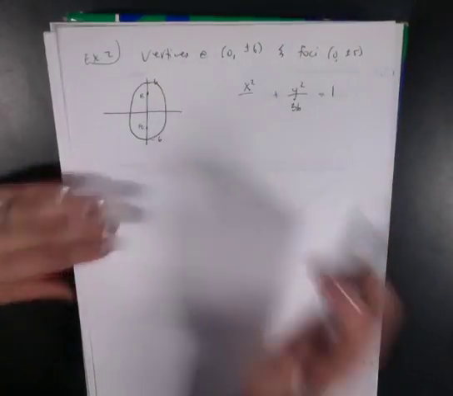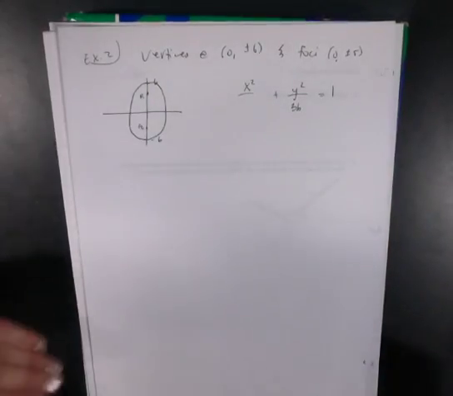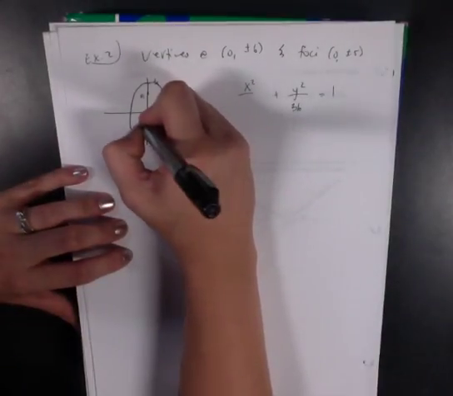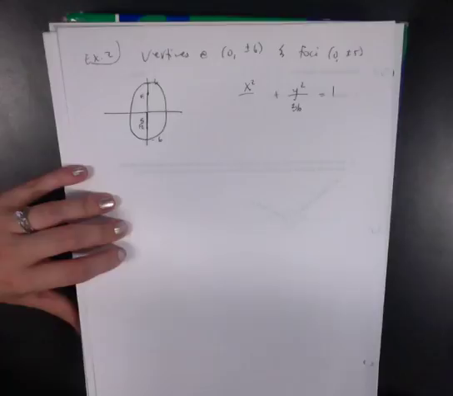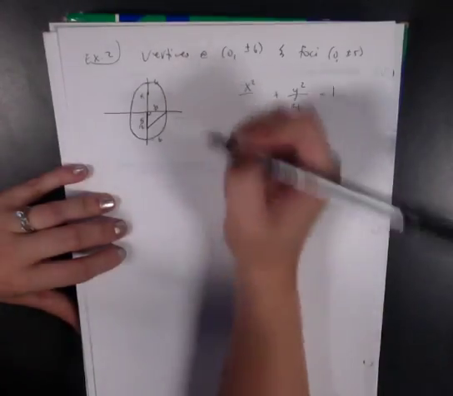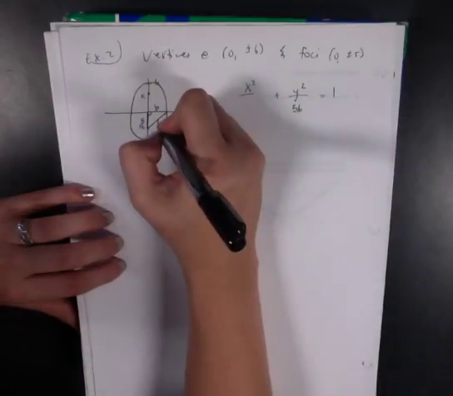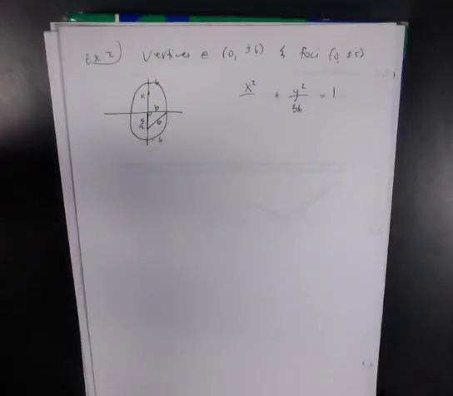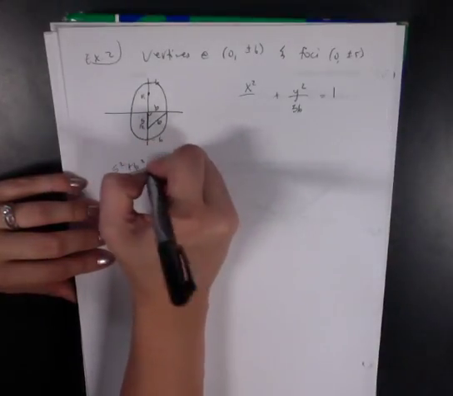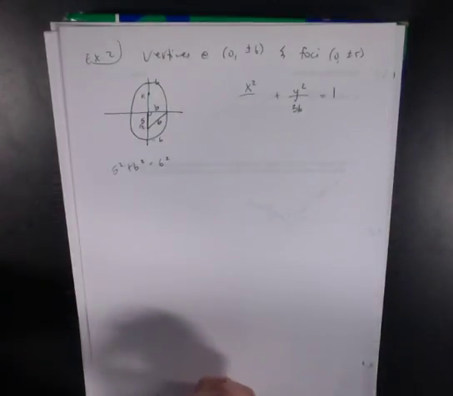My vertices here, I have 0, plus or minus 6. Now, always draw your diagram. The distance to my foci is 5. I'm looking for this distance here, and I know that this distance is the same as my a. So in this triangle, I have 5 squared plus b squared is 6 squared.